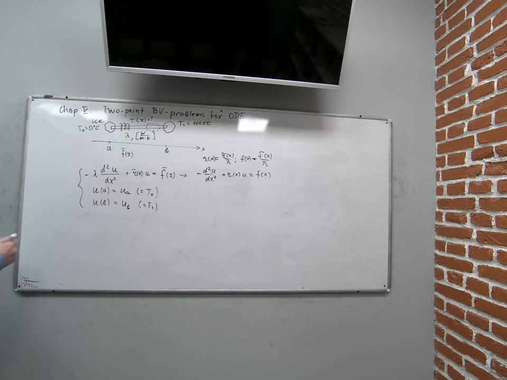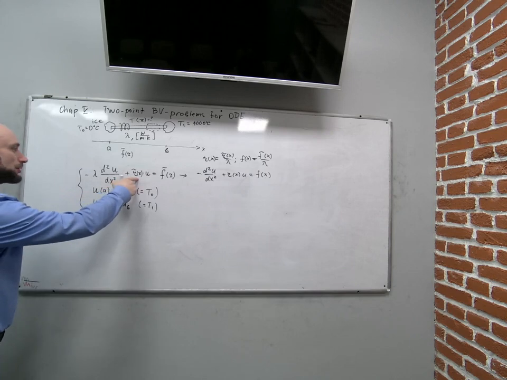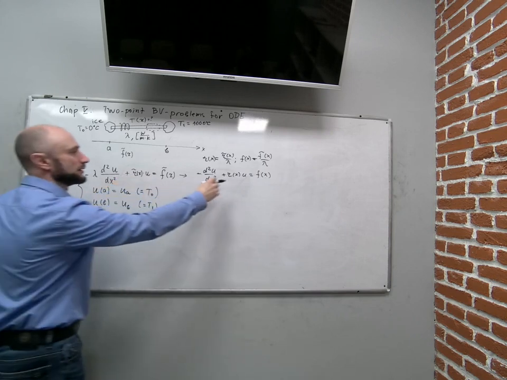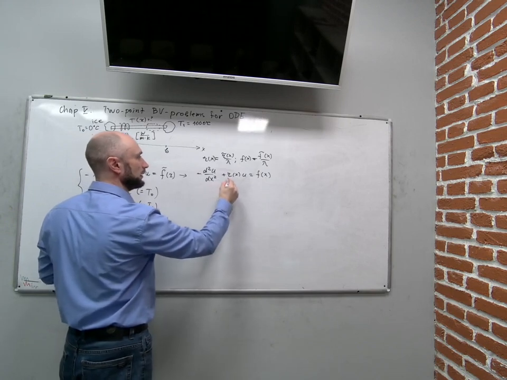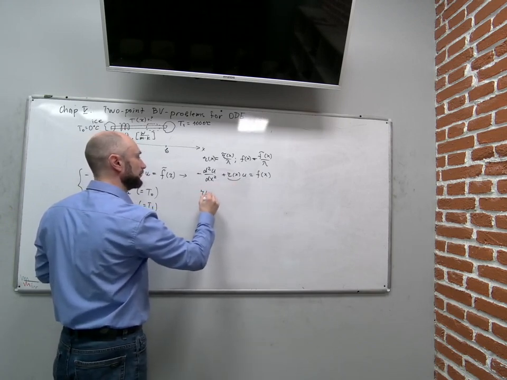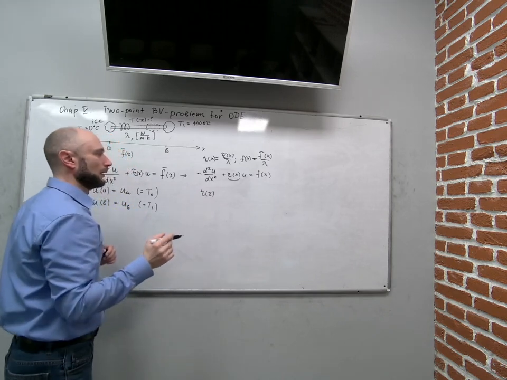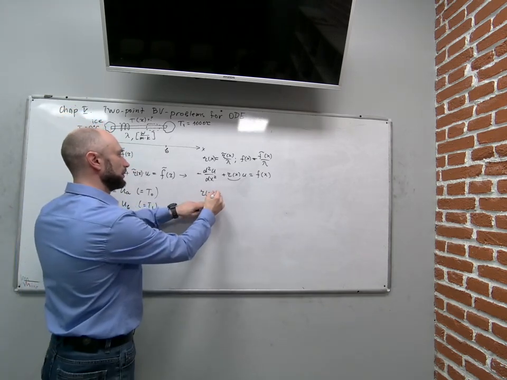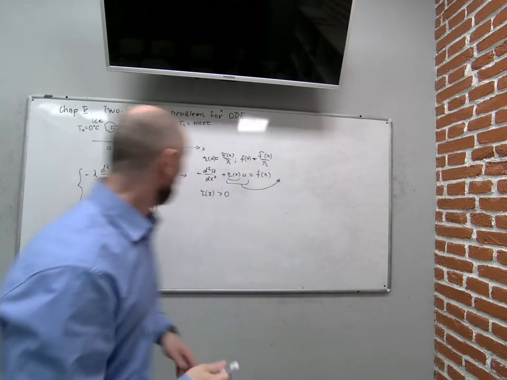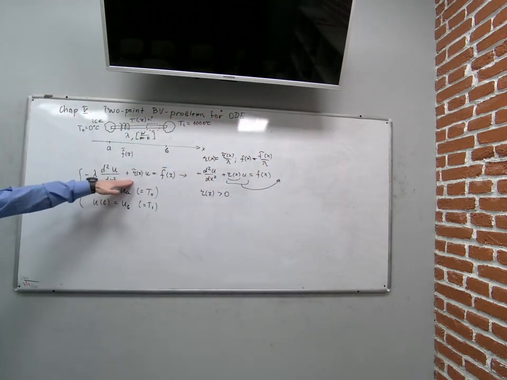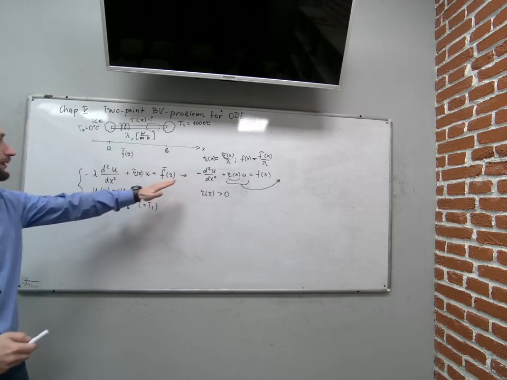One important condition that I want to mention today, discussed last time, was that this coefficient r of x must be positive. So our goal is to solve this kind of equation.